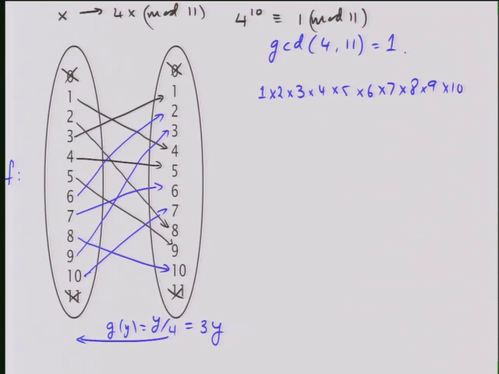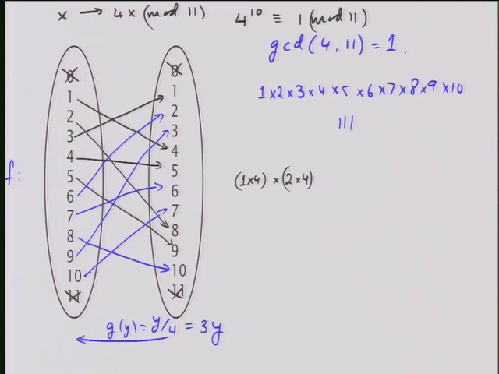Well, let's count them in a different order. It's 4 times 1. Okay, so let me write these in a different way. So let's say this is 1 times 4 times 2 times 4, right? Because I'm just counting them in this different order.